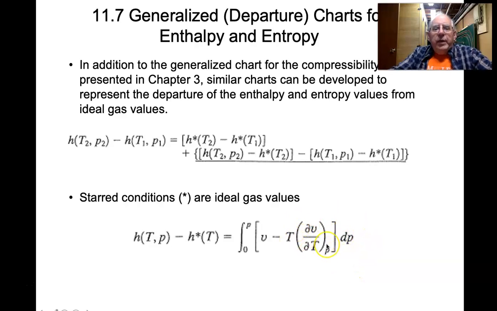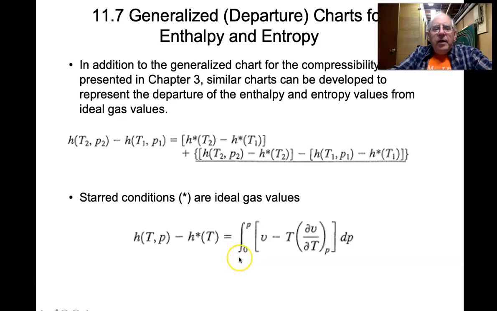And so if we have, for a real gas, this volume, temperature, pressure behavior, and we establish a zero reference point, and we perform this integration, we then can obtain the actual departure of the enthalpy with respect to the ideal gas behavior.